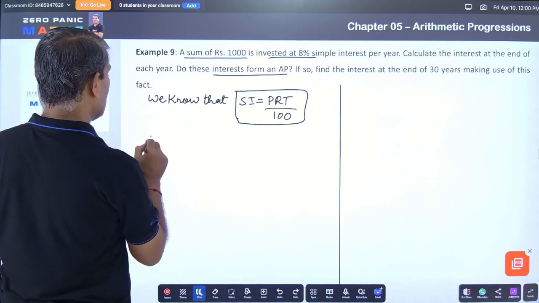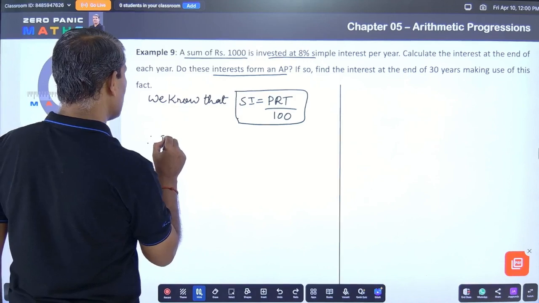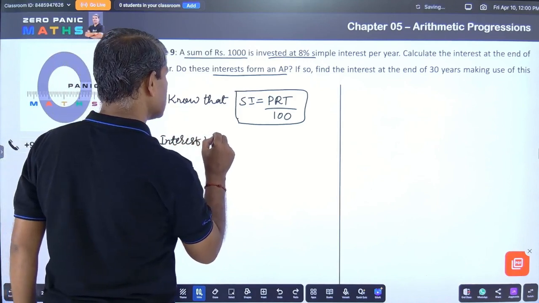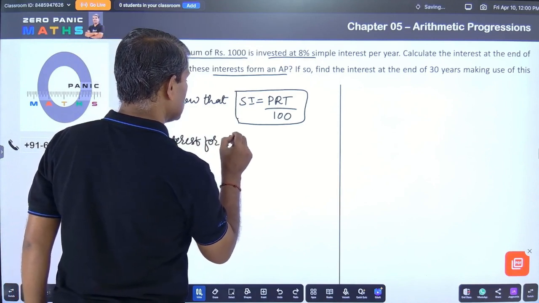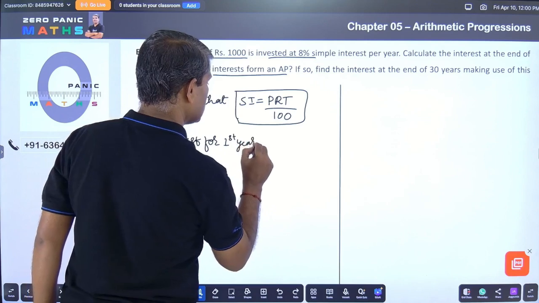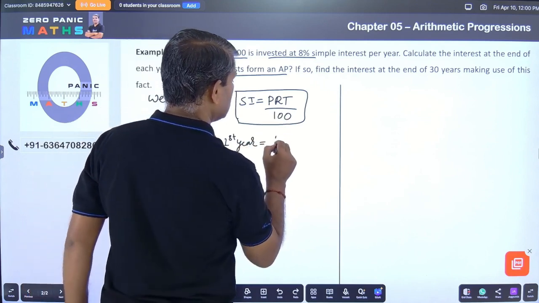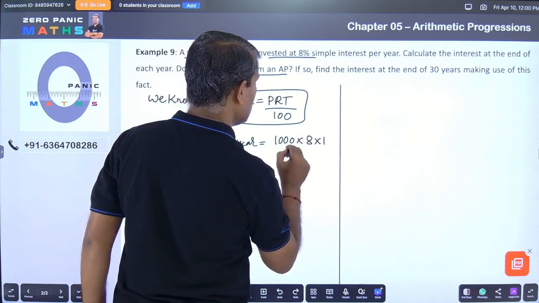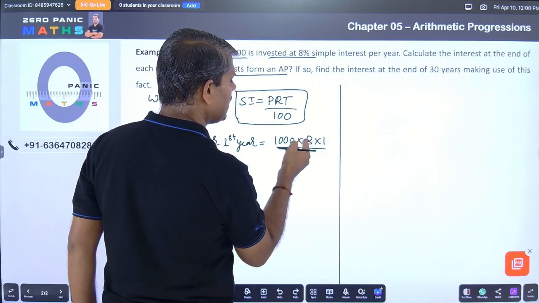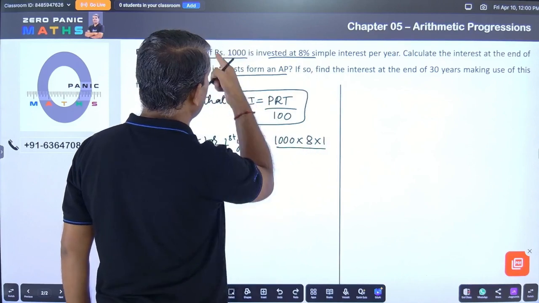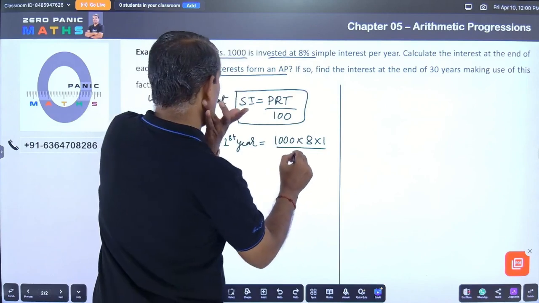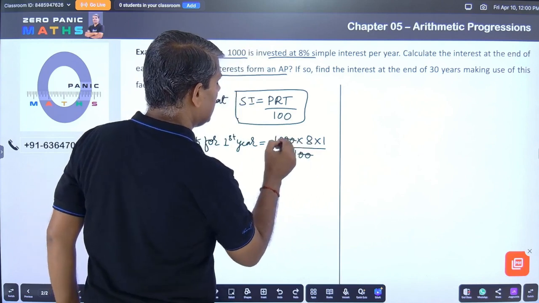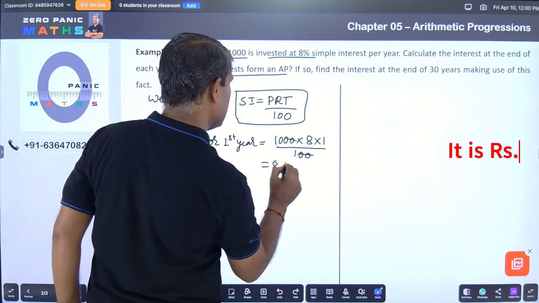Therefore, interest for first year is equal to 1,000 multiplied by 8 multiplied by 1. It is first year. 8 is the rate of interest and 1,000 is the principal amount, the sum that we started with. Cancel two zeros and 8 tens are, it is rupees 8.